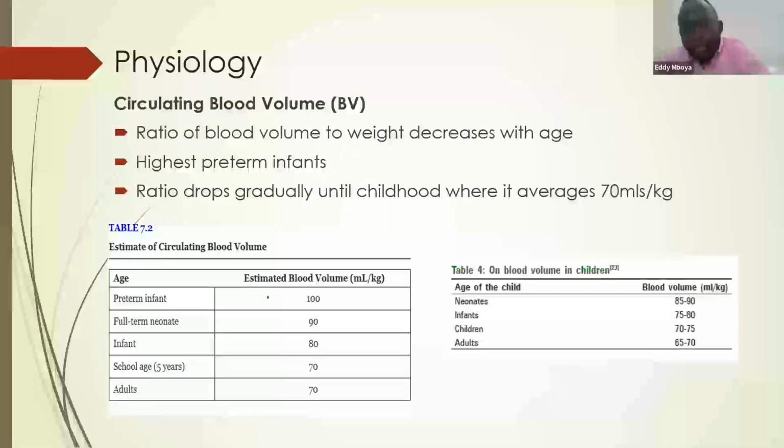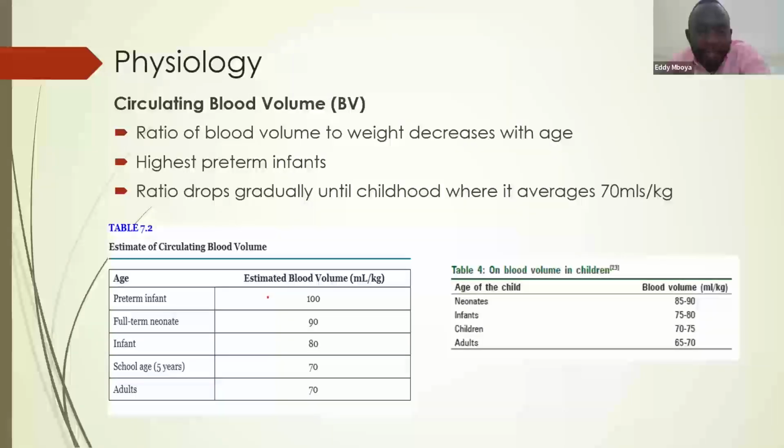Then part of that volume, we have blood, and this also varies with the patient's age and weight, and is highest in the younger patients, from preterm, low birth weight patients. You find that the circulating blood volume is much higher compared to a term or an infant child.